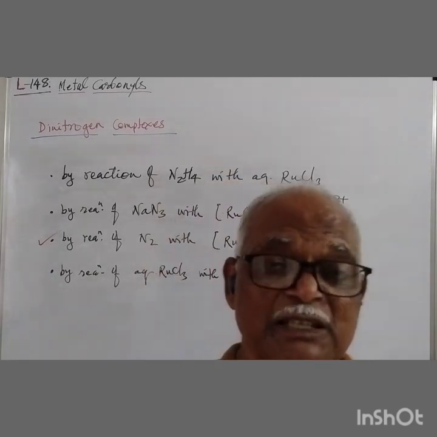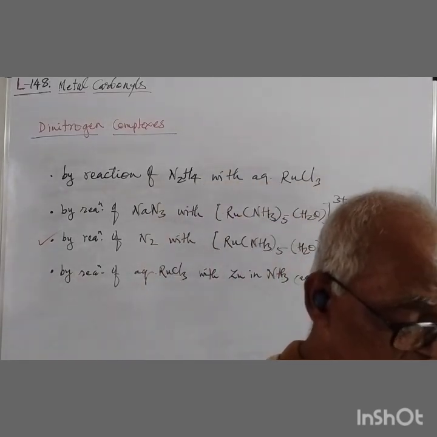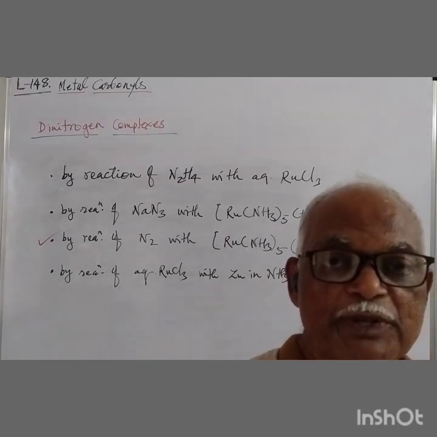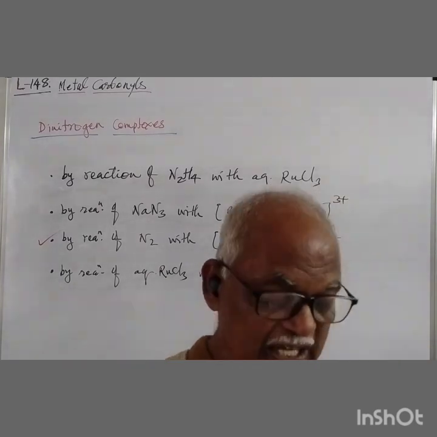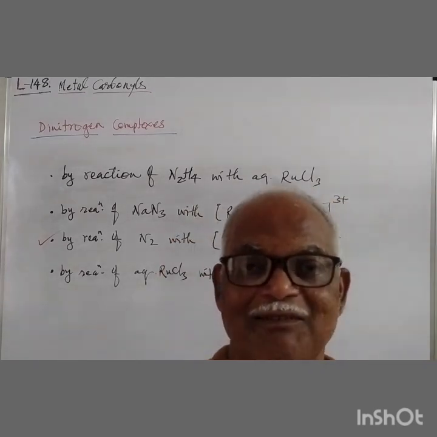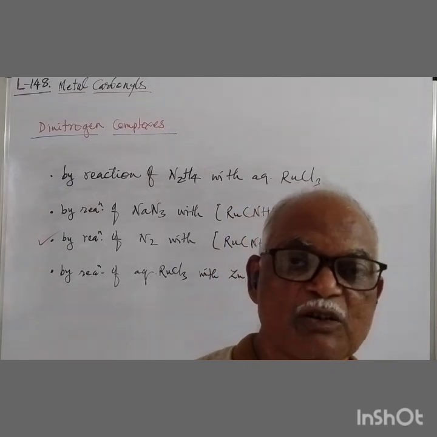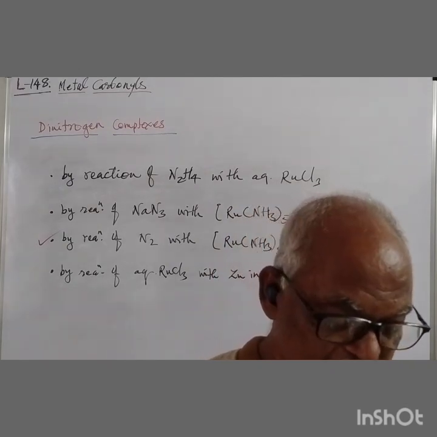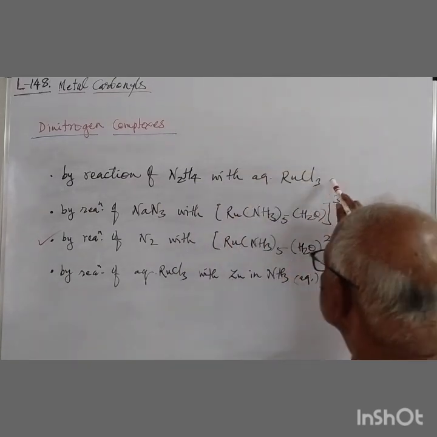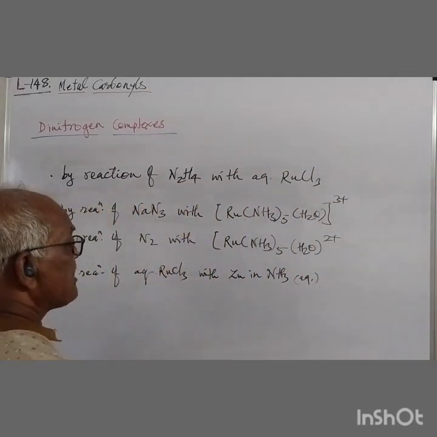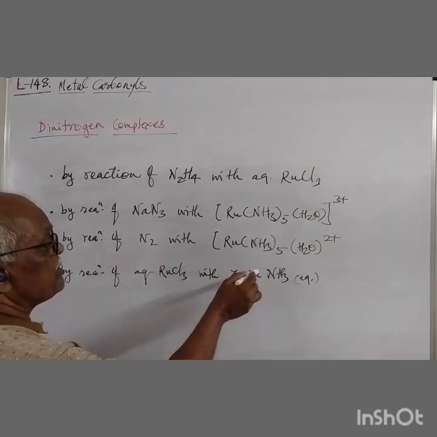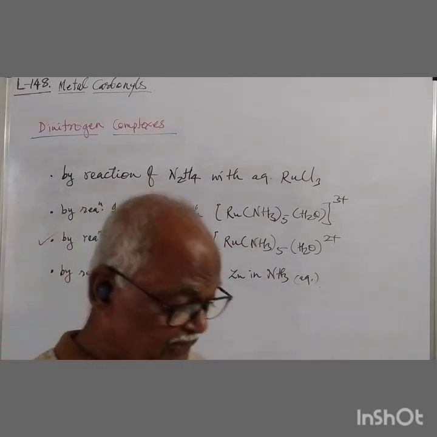Despite a number of such reactions and studies, it is found that no effective way was available for the reduction of nitrogen into ammonia. Until then, there was no direct way to convert nitrogen into ammonia.